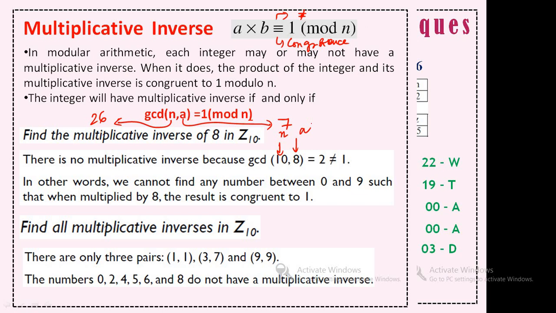Understand? But in the case of 7, what is happening? 26 and 7 have a GCD of only 1. So that's why 7 had a multiplicative inverse, which we calculated as 15. Clear idea?